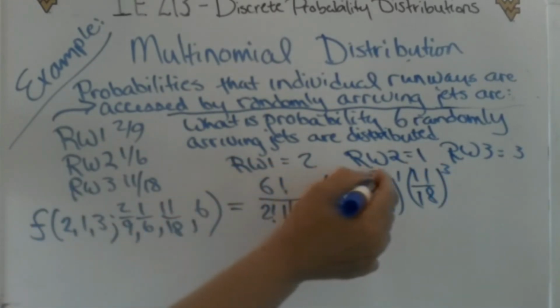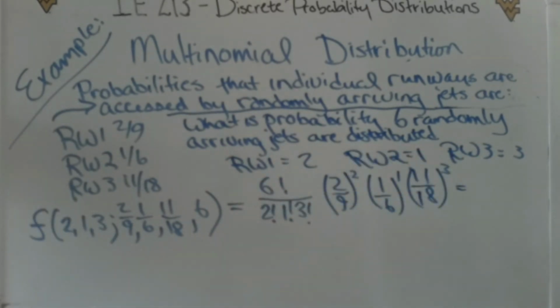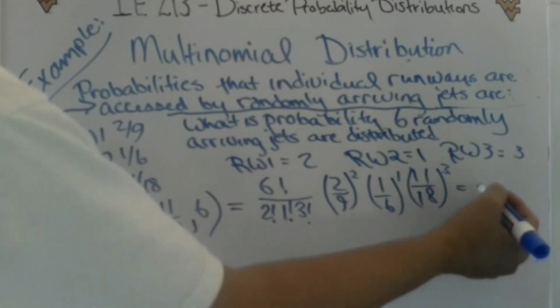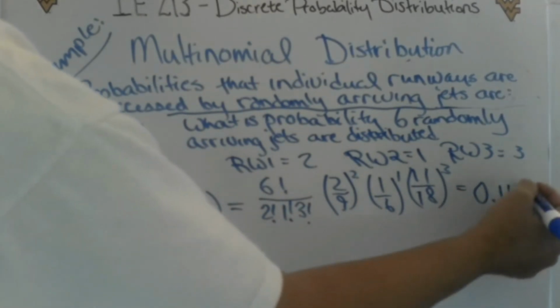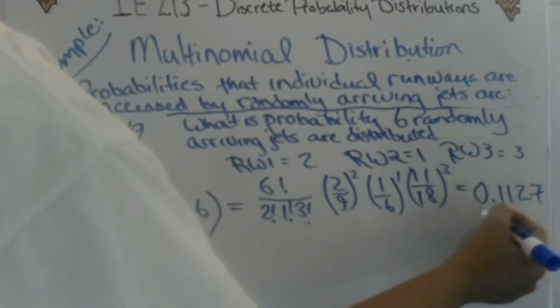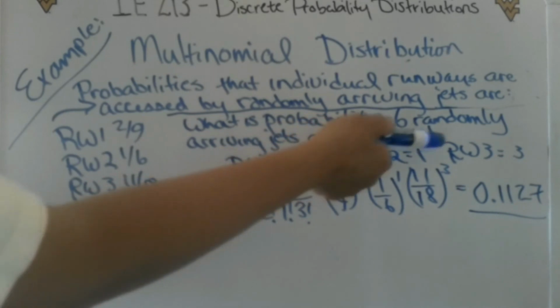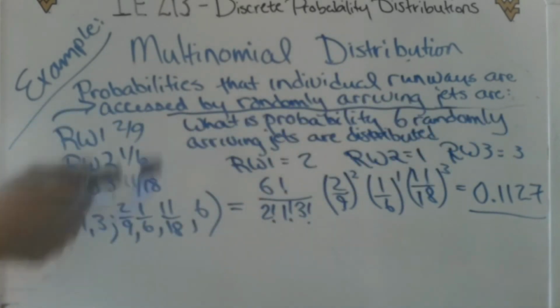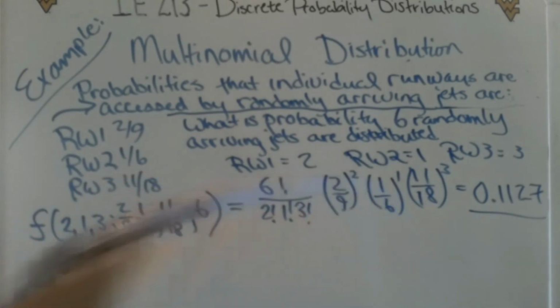So you get the x1, the x2, and the x3. When you do this mathematics, you get the probability that the 6 randomly arriving jets go 2 to runway 1, 1 to runway 2, and 3 to runway 3. With these probabilities of occurrence, it equals 0.1127, or a little over an 11% probability that they would arrive in that fashion.